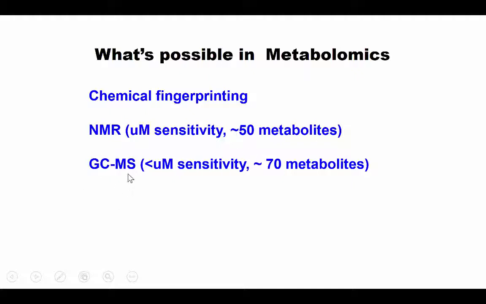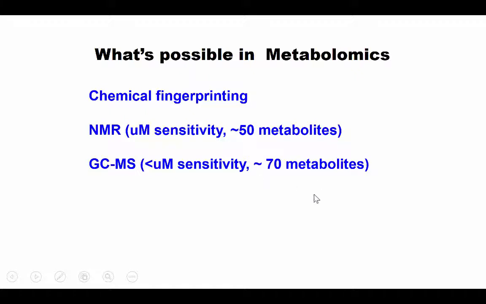GCMS is another very popular technology for this. Sensitivity can be slightly better than NMR, but we still need sub-micromolar concentrations, and not so many metabolites can fly under gas chromatographic conditions.